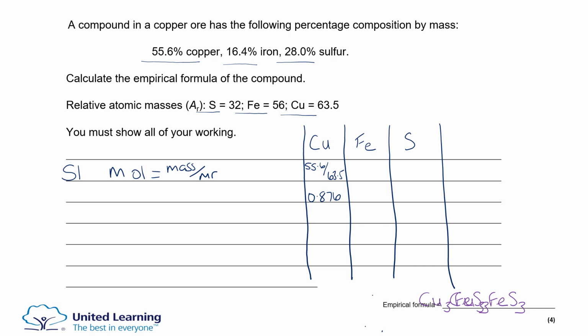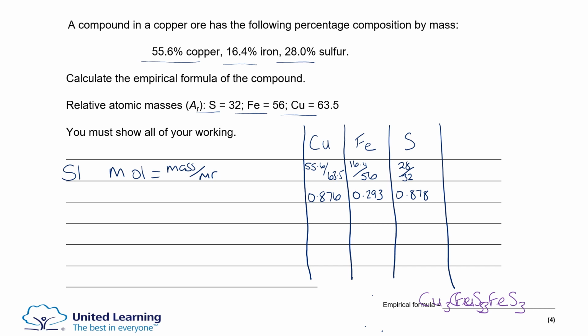Then I'll do the same for iron, and in this case it's going to be 16.4 divided by the relative atomic mass of iron, which is 56. And in the calculator that comes to 0.293. And then finally the same for sulfur, which is 28 divided by 32, and that comes to 0.878.